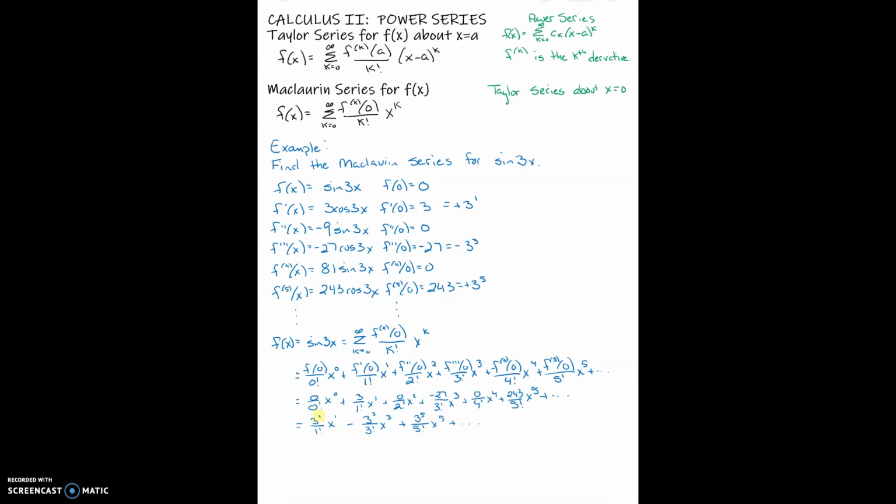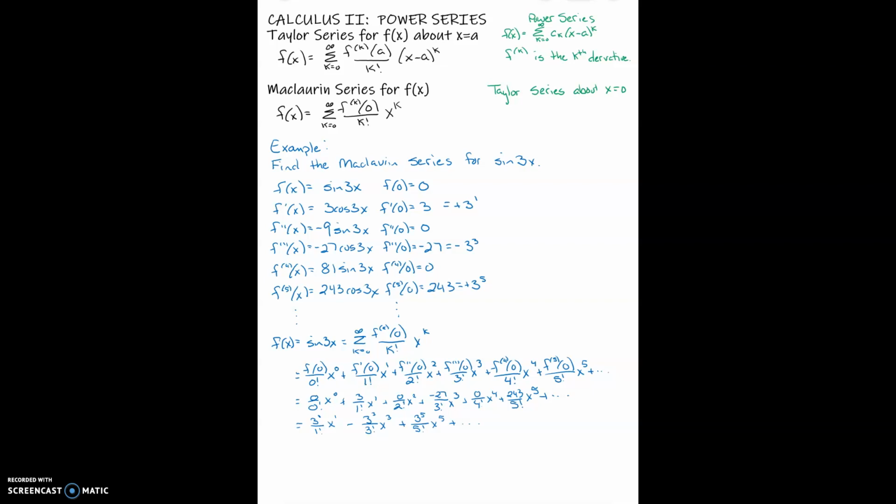We see that the exponent, the number in the denominator being factorialed, and the exponent on the x all have the same value, and I see that those are all odd numbers. So the pattern is odd numbers in those spots.